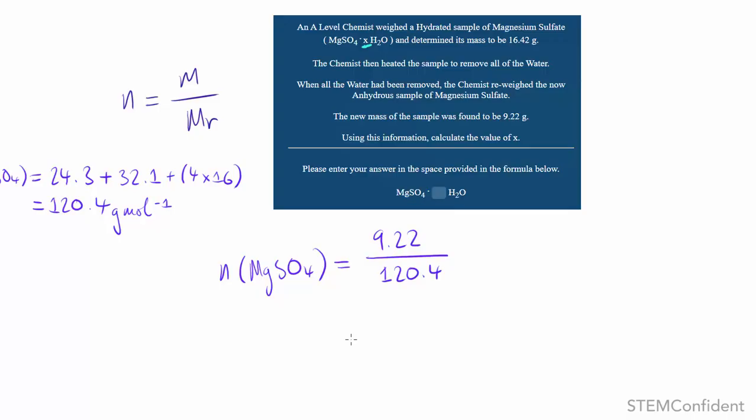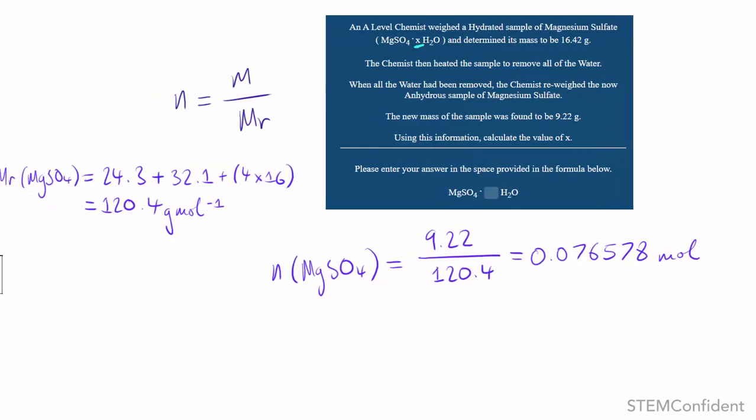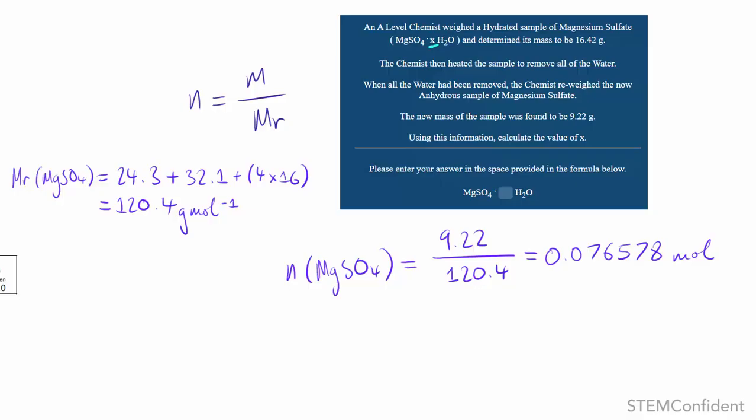Now, if you work that out, right, what you should find is you get 0.076578, right? And that's going to be in moles, right? And that's effectively rounded to 5 significant figures.